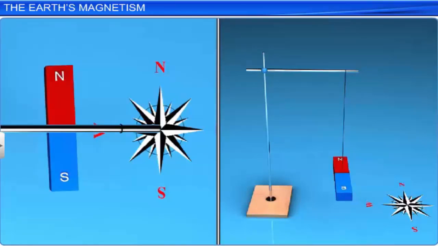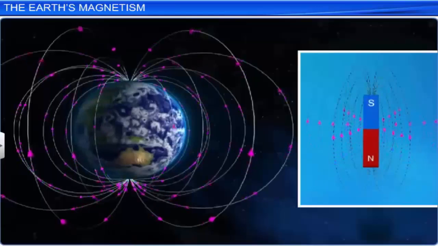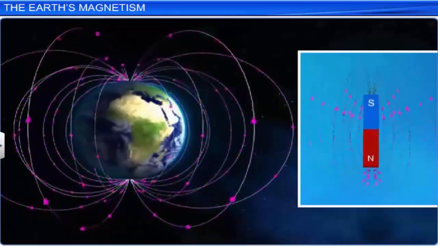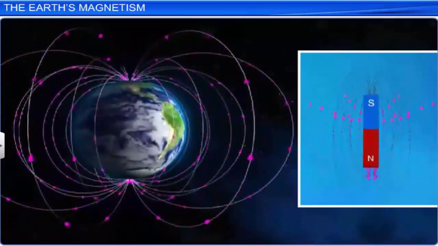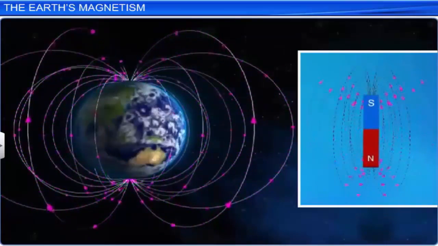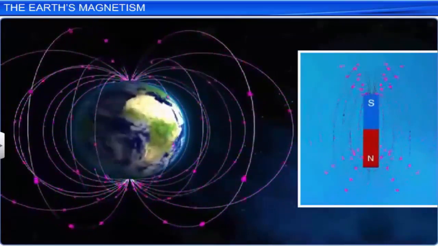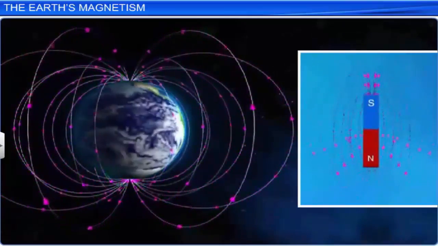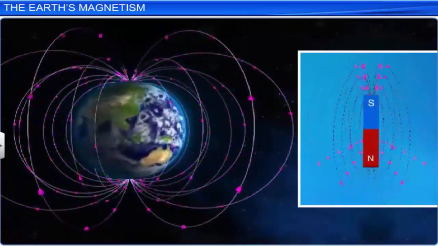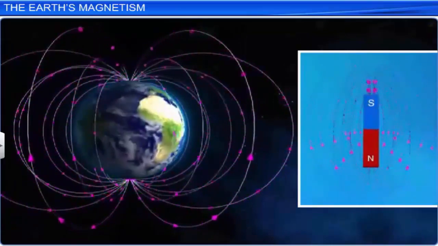Similarly, the south pole of a magnet was named so because it is a south-seeking pole. We know that like poles repel and unlike poles attract. Thus, in reality, the north magnetic pole of the Earth behaves like a south pole and the south magnetic pole of the Earth behaves like a north pole.